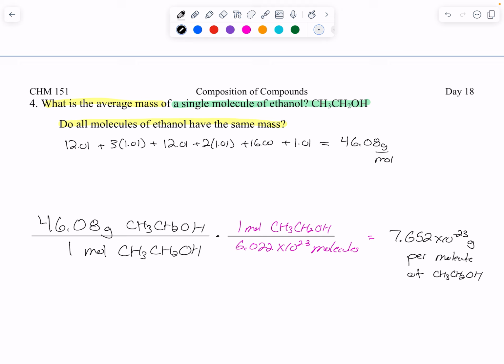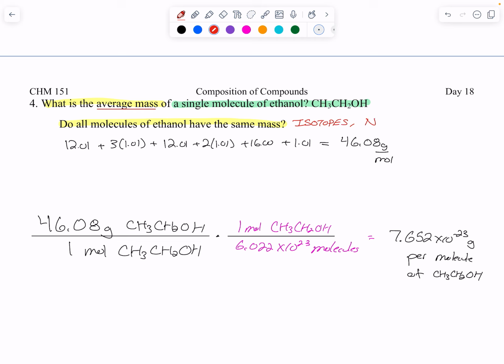Now the second part of this question, do all molecules of ethanol have the same mass? Well, what did we just calculate? The average mass. If there's an average of something, we would assume not everything's the same. The one-word answer to this question is isotopes.